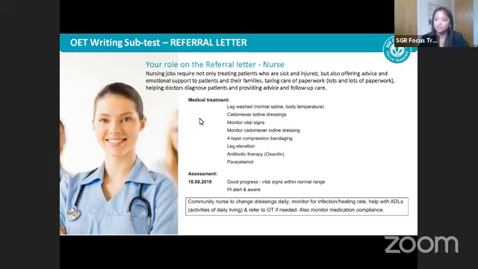So in this particular example, you can see that your case note would show nursing management or medical treatment that you've done for the patient, such as washing the legs, managing the dressings, checking vital signs, and monitoring.